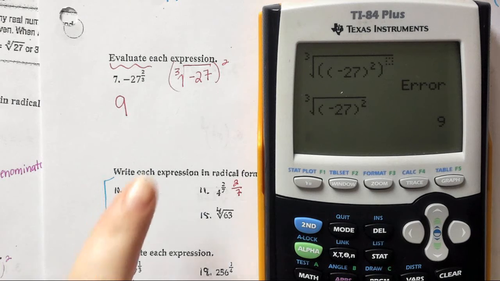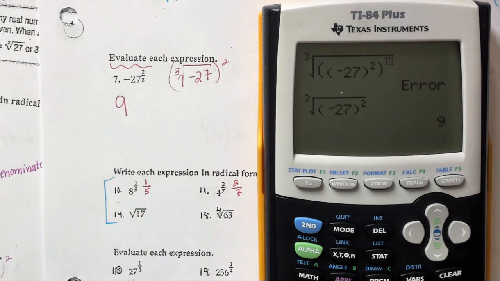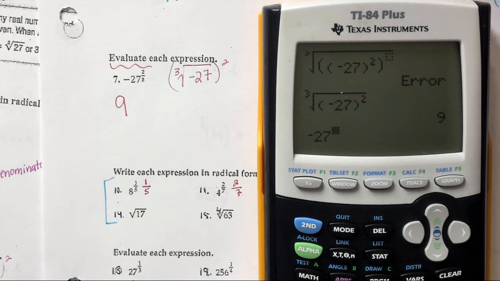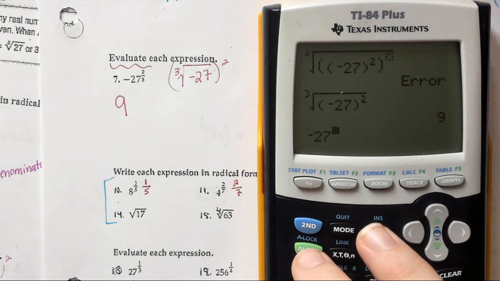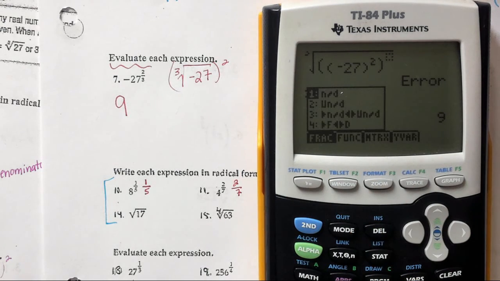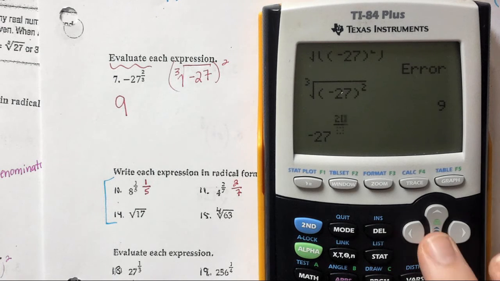There's a reason we like to go from radical form to exponential form. Exponential form is so much easier to type in the calculator. I can do -27 raised to the, and what button lets me type in a fraction? Second and then what? Yeah, it's alpha and then what? It's alpha y equals. Okay, so if I alpha y equals, I can type in 2/3.